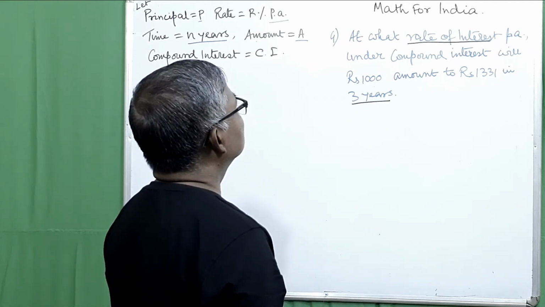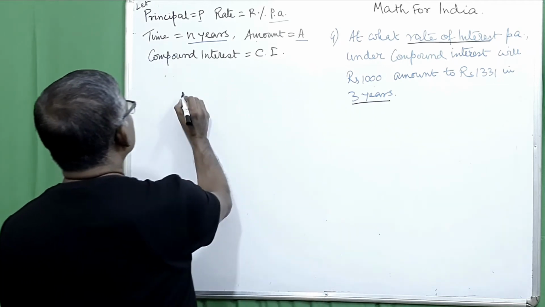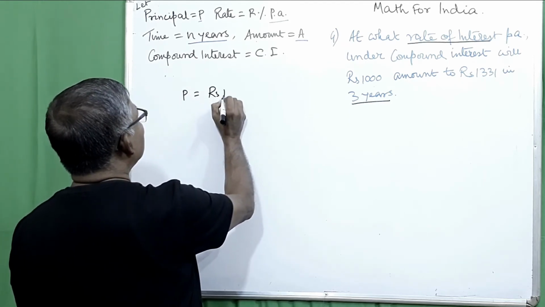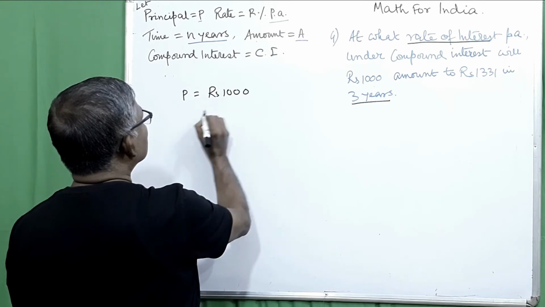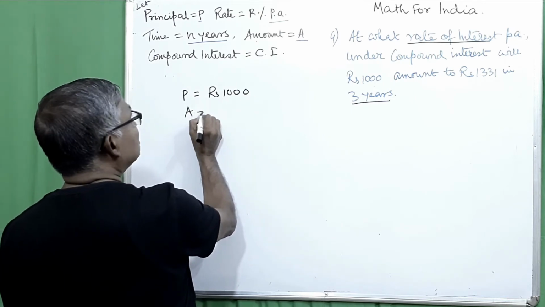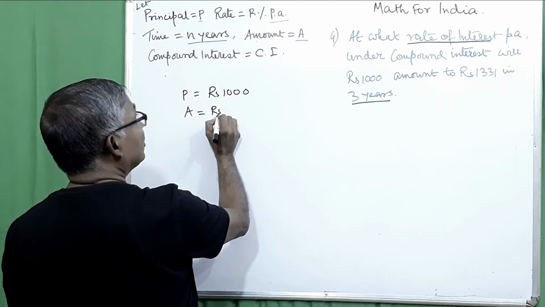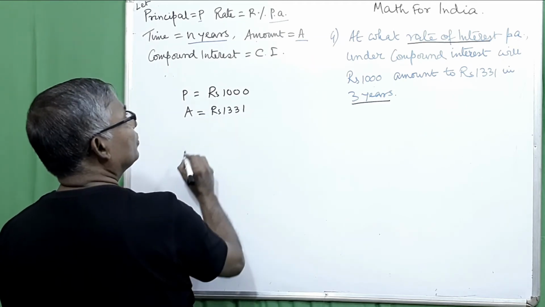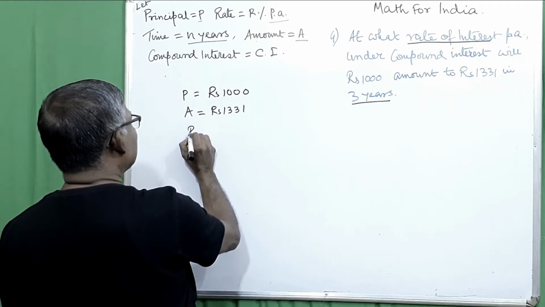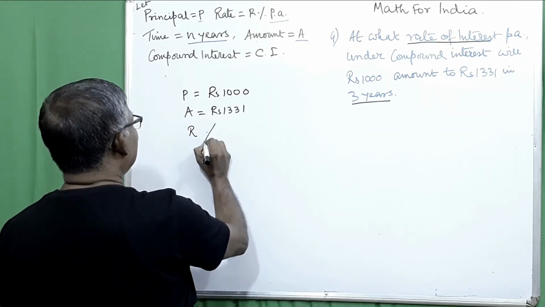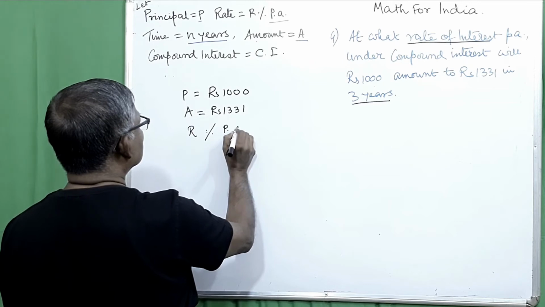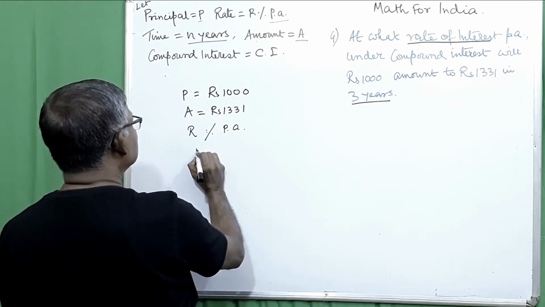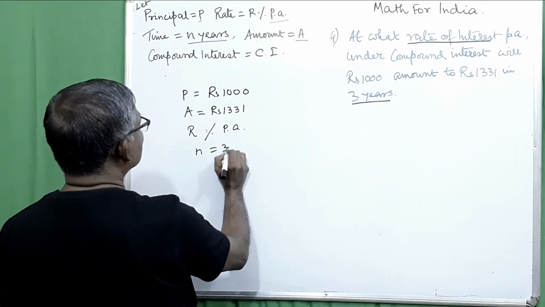Students, here given P equal to rupees 1,000, A equal to rupees 1,331. Suppose rate of interest is R percent per annum, and here n is 3 years.